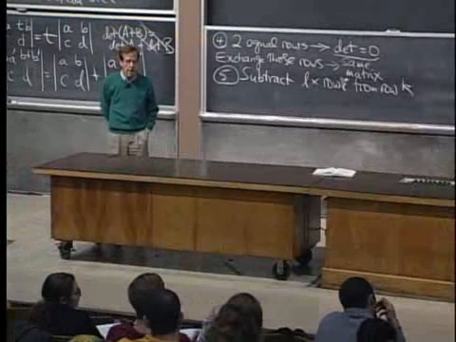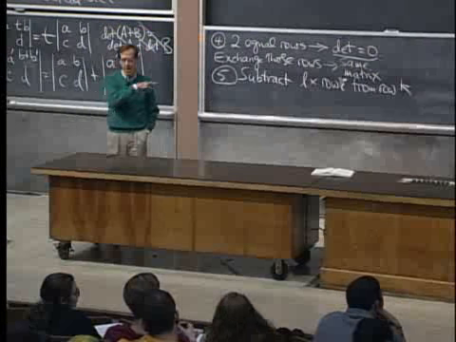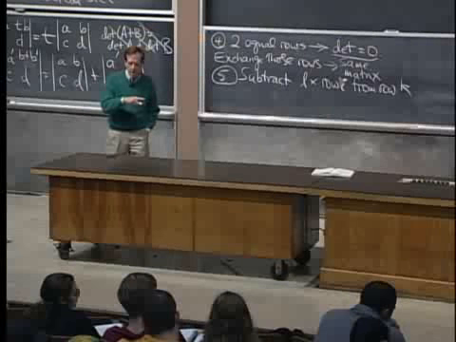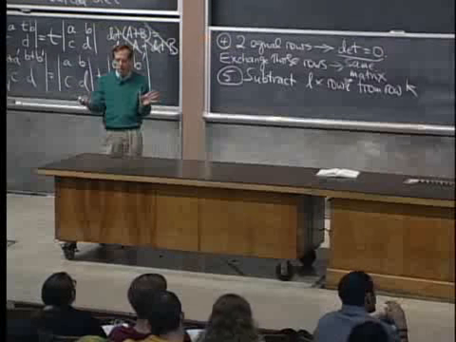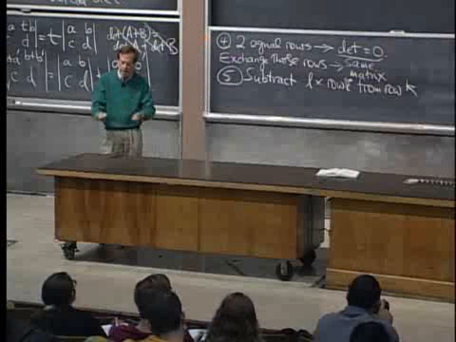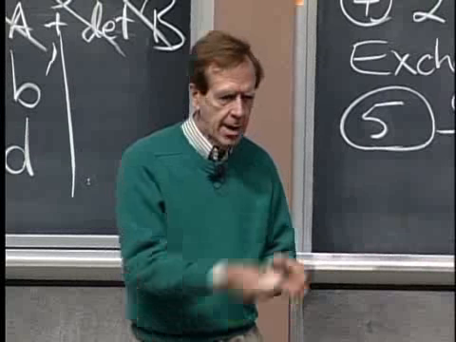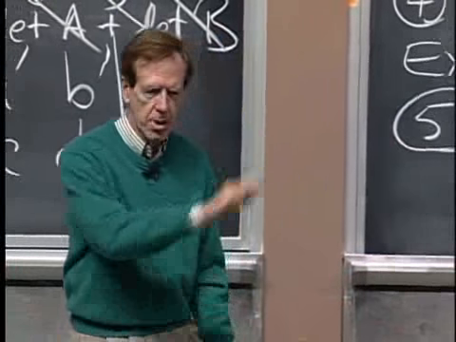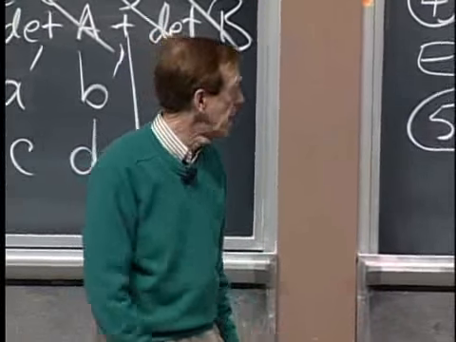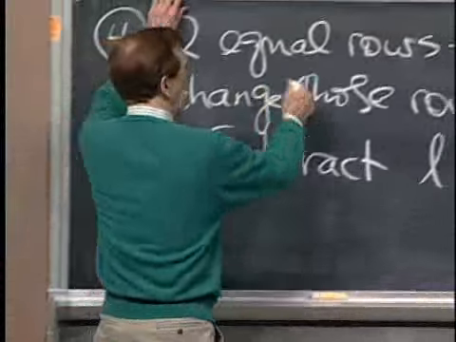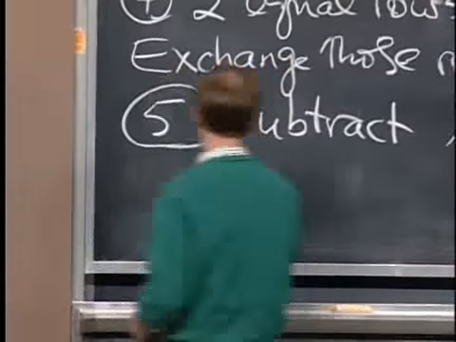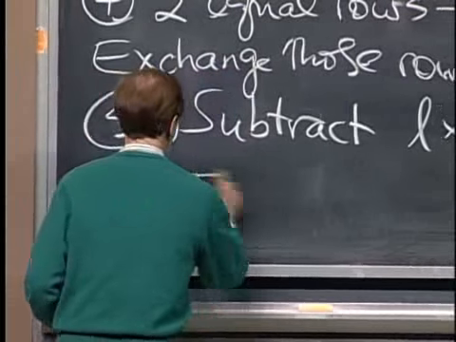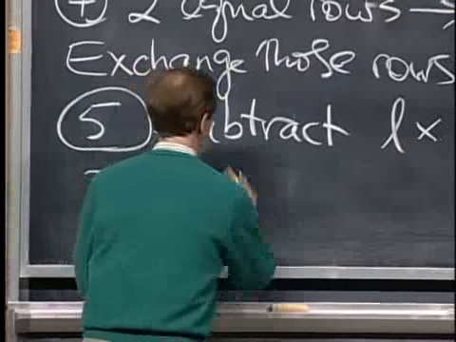Okay, so that, you can see why I want that one. Because that will allow me to start with this full matrix, whose determinant I don't know, and I can do elimination and clean it out. I can get zeros below the diagonal by these elimination steps, and the point is that the determinant doesn't change.